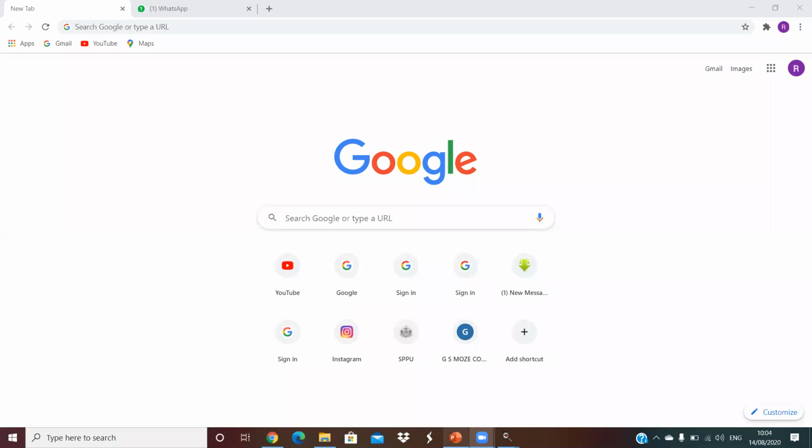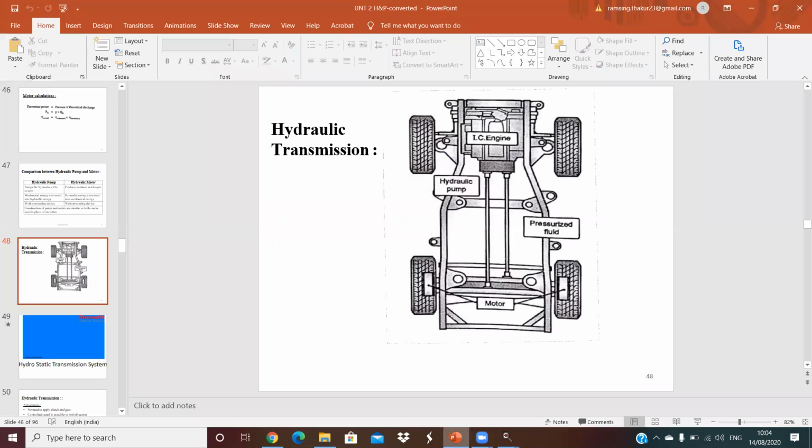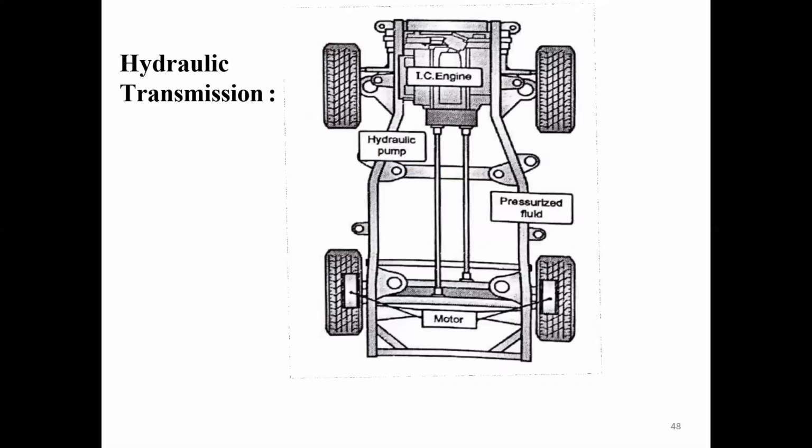So here I am sharing my screen. So today we are going to see about the hydraulic transmission. So what is hydraulic transmission?